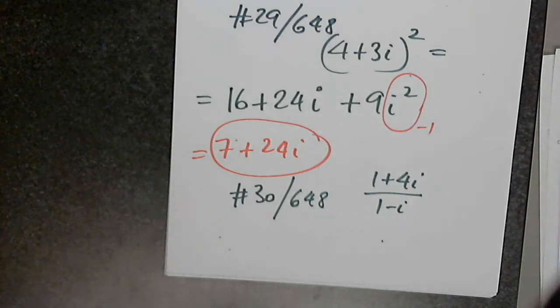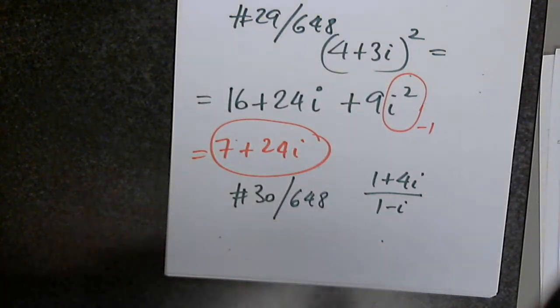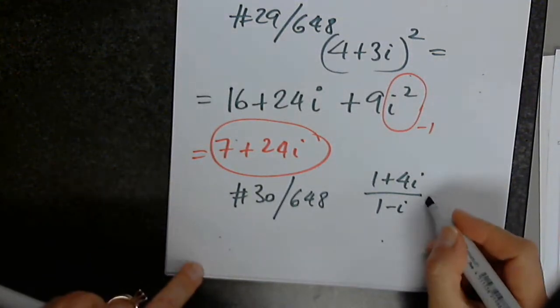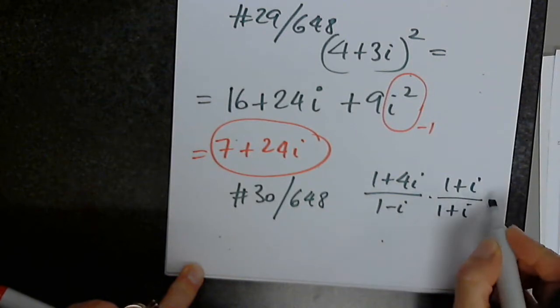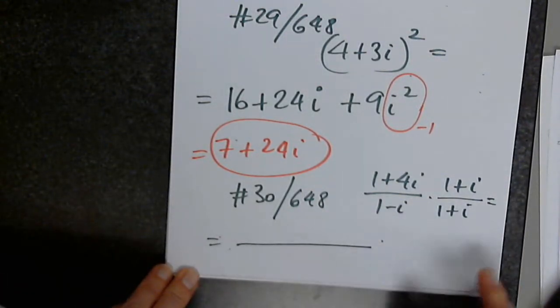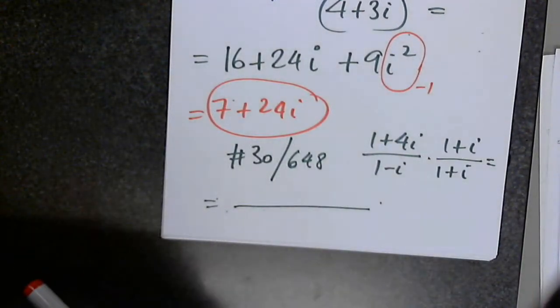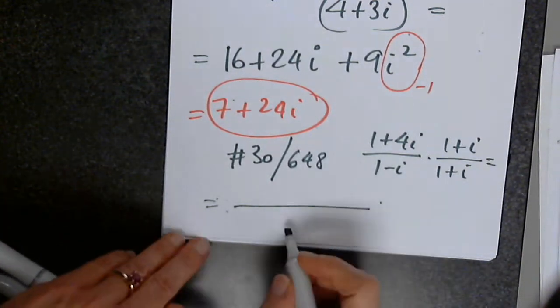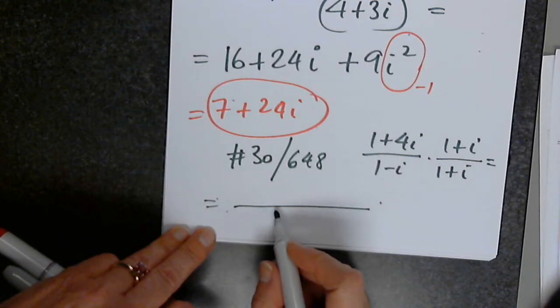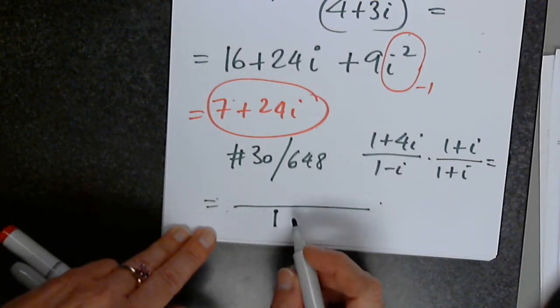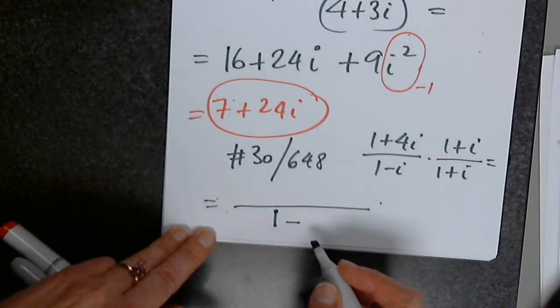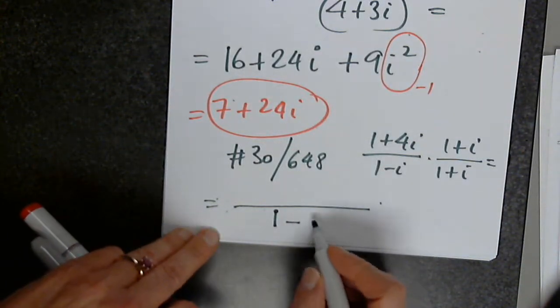Any suggestions? Top and bottom? 1 plus i. Very good. The denominator is easy because I'm using the special product, difference of squares, a minus b times a plus b. What do I get? 1 minus i squared.